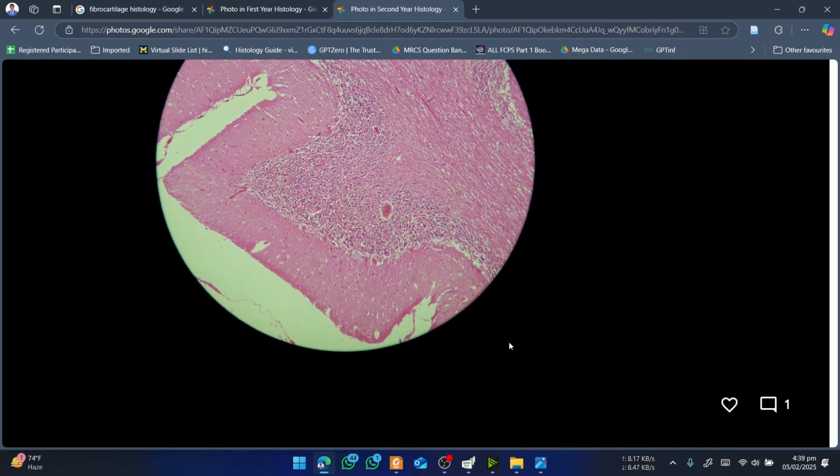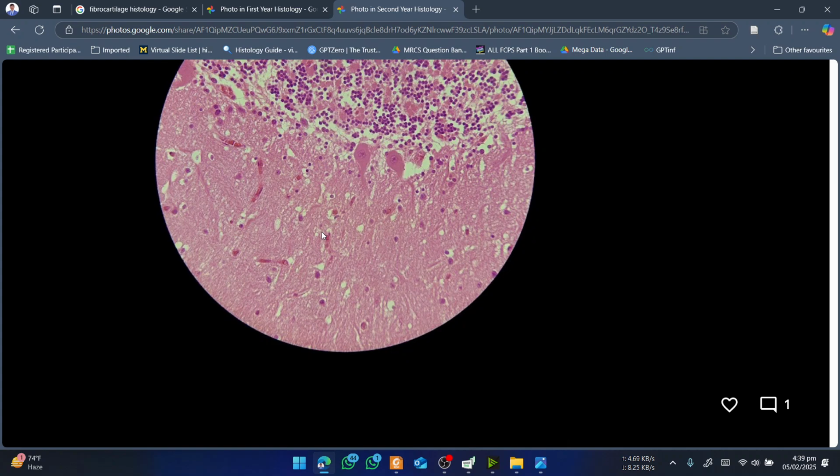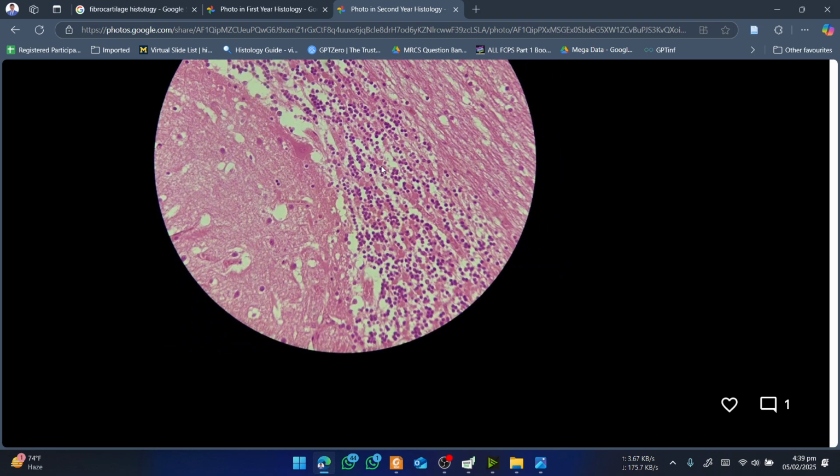I think I have a more zoomed in picture of it. So this is the molecular layer. Outside, you won't get pictures in this much focus, but these are the Purkinje cells that are highlighted, that we mentioned earlier. And this is the cerebellum with all three layers visible: molecular layer, Purkinje layer, and granular layer. The granular layer is identified by the large number of cells that are present in close approximation with one another.